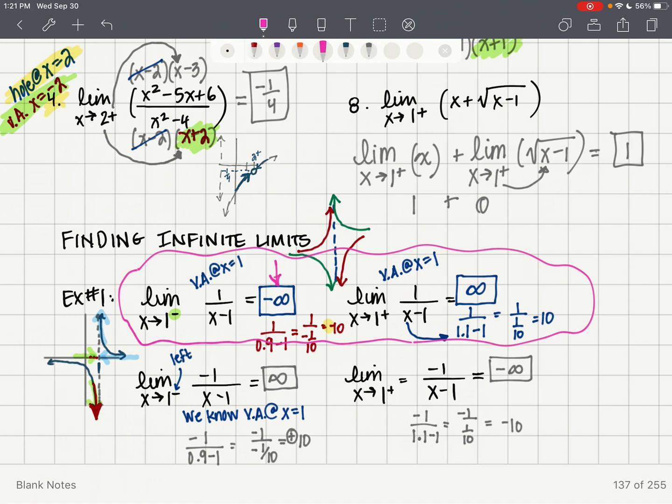Negative infinity is not the same as positive infinity. Our ends are doing different things. Therefore, the limit as x approaches 1 of 1 over x minus 1 does not exist.